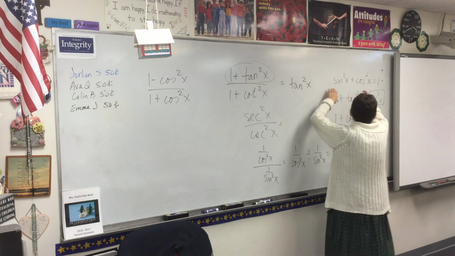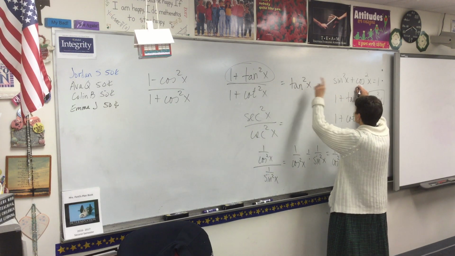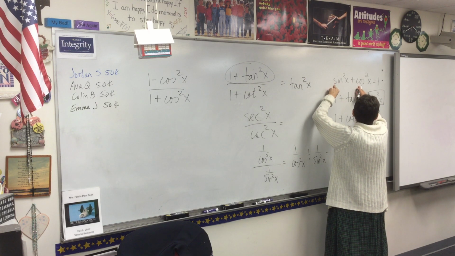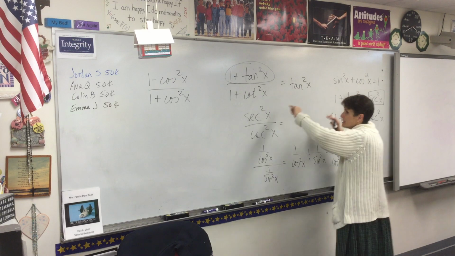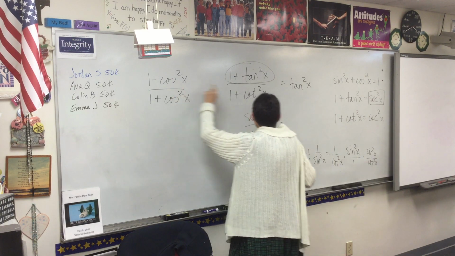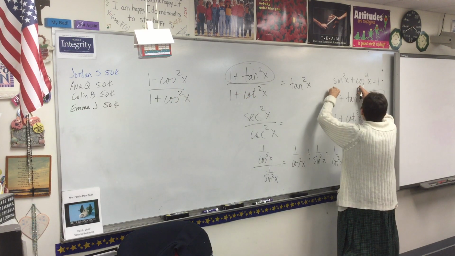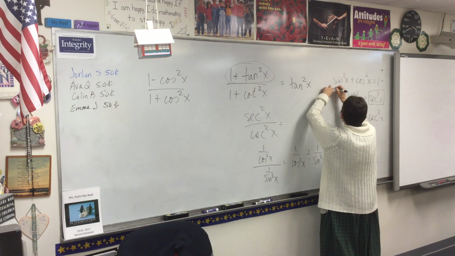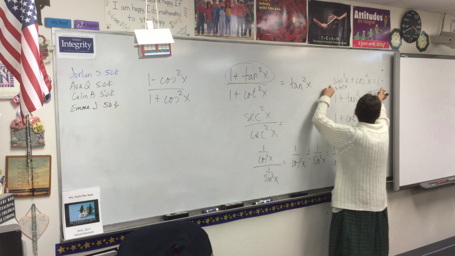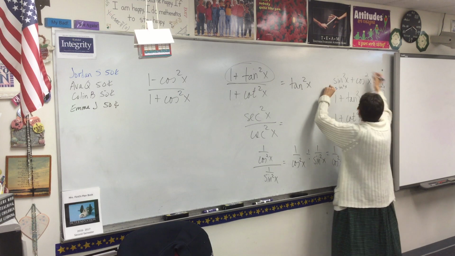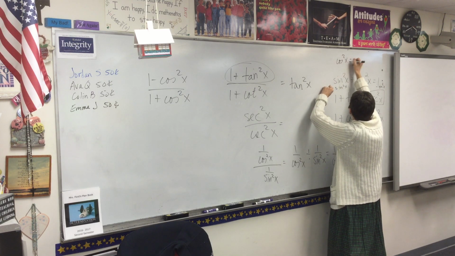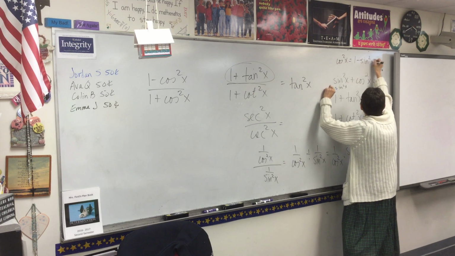Let's look over here and let's see. I got a cosine squared. If I want to substitute for cosine squared, I'm going to have to subtract sine squared from both sides. So cosine squared equals 1 minus sine squared.